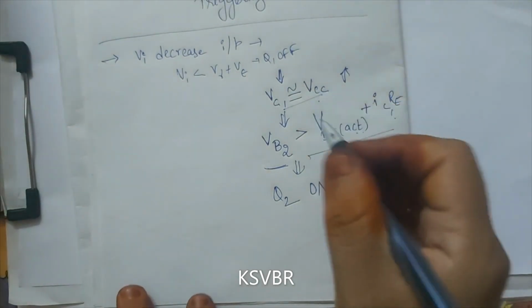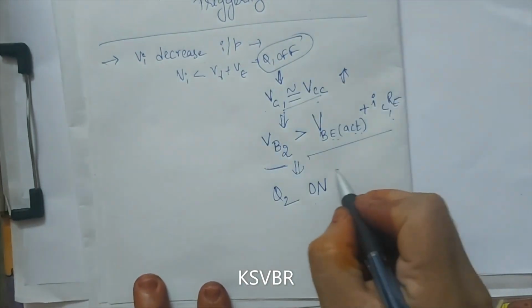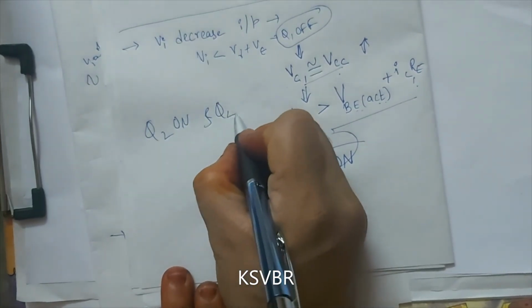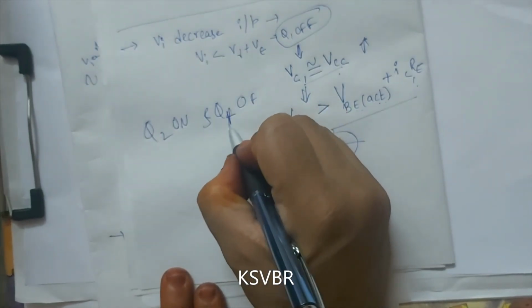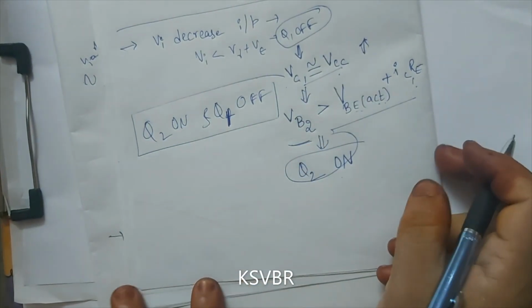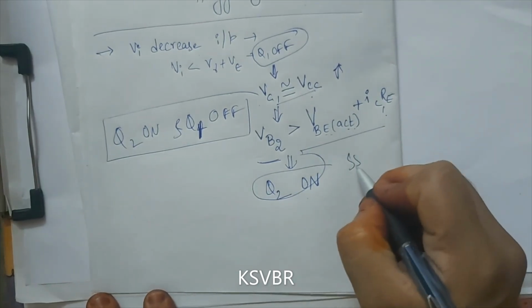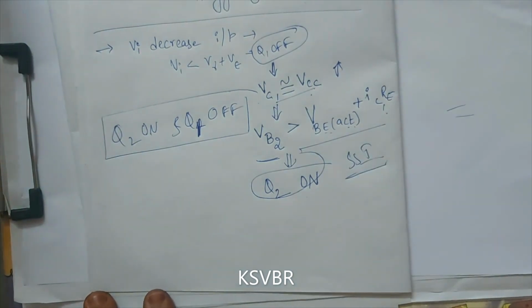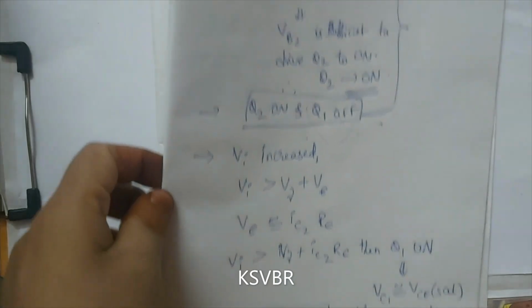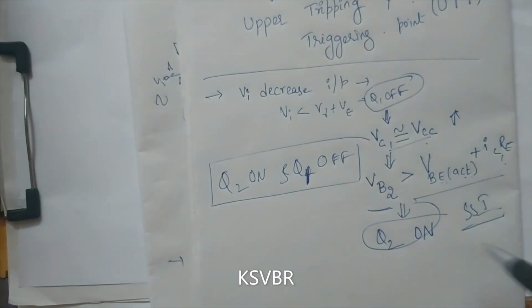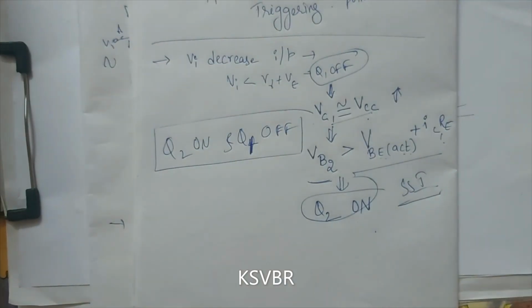Again our state is Q2 on and Q1 off. Again we achieve stable state 1. So initially it is in stable state 1, and now we achieved stable state 2, and from stable state 2 we came to stable state 1.